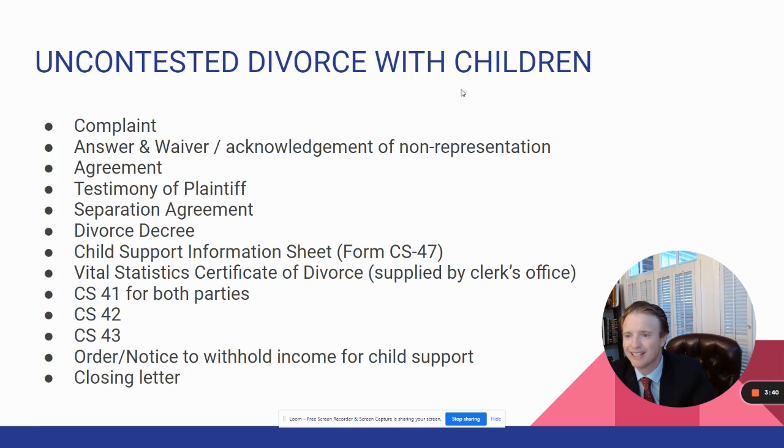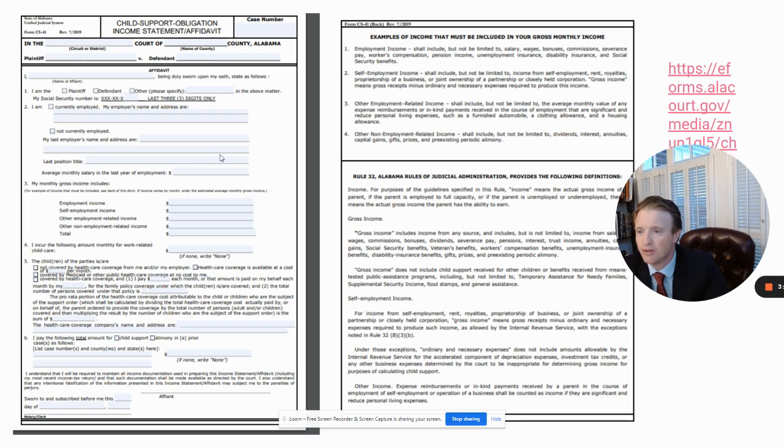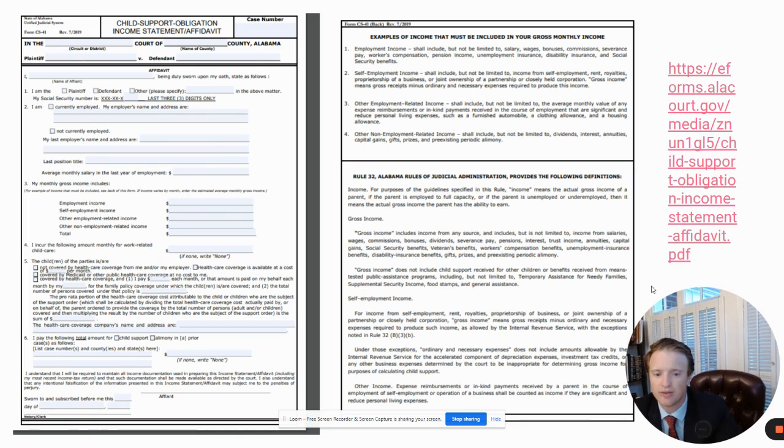Now we're going to go over an uncontested divorce with children. You see, once we have children, we add 1, 2, 3, perhaps 4 extra forms. We've got a CS41. There is the form there. You're going to get that on eForms as well.